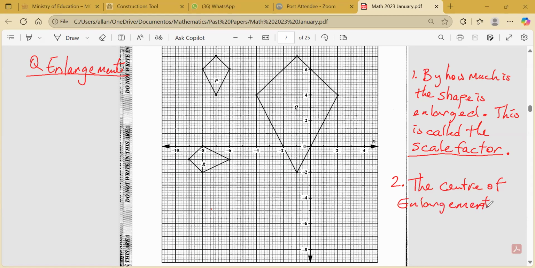So there are 2 main things that you need to know: the scale factor, how large is the object with respect to the image? I want to say that again. How large is the object with respect to the image? Then we must find the center of enlargement. So these are two things that we need to know.